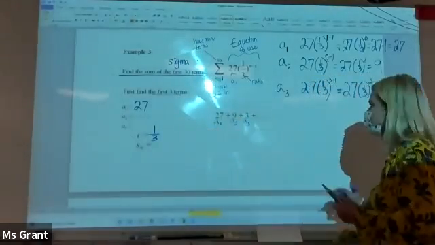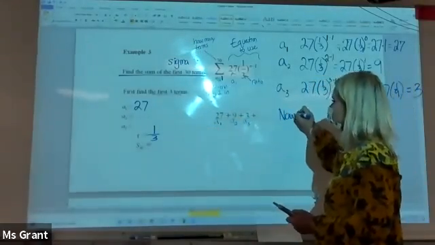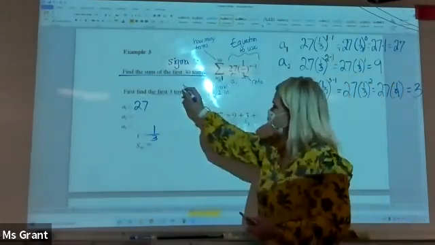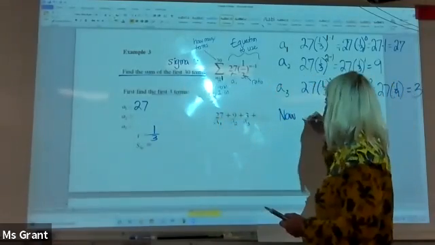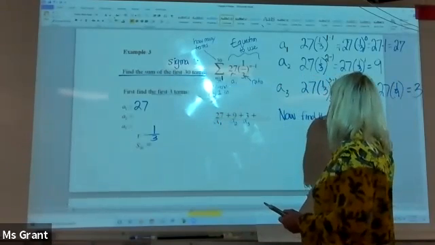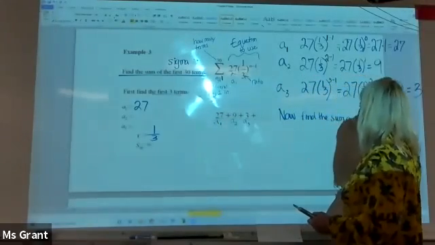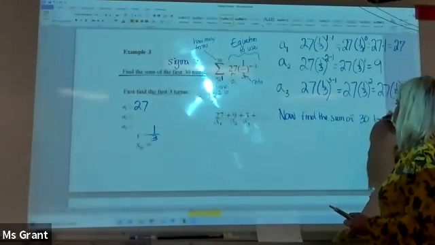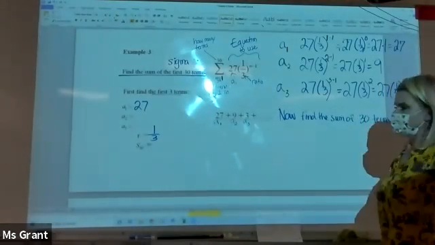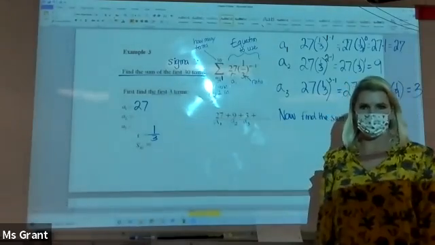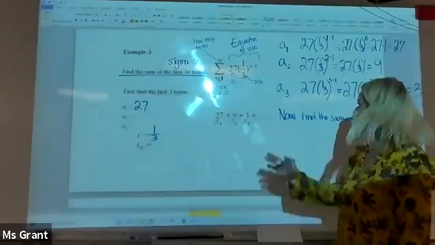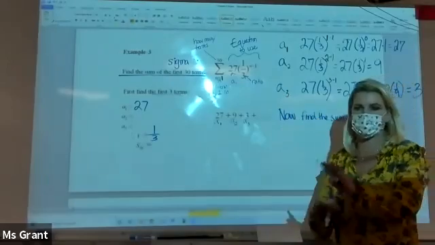Find the first 3 terms. I did. Now, find the first 30 terms. Somebody tell me what I'm going to do with the number 30. I'm not going to keep doing this 4, 5, 6, 7, 8, 9, 10, 11, 12, 13.